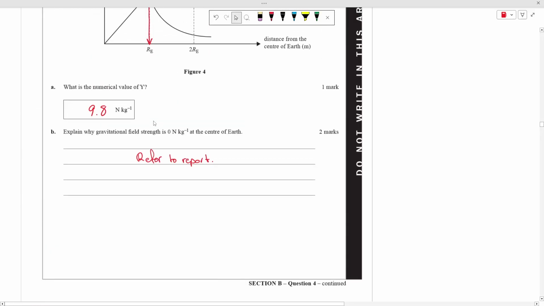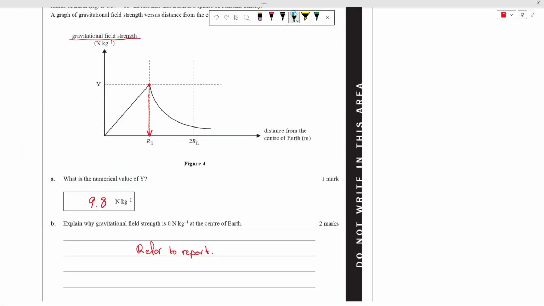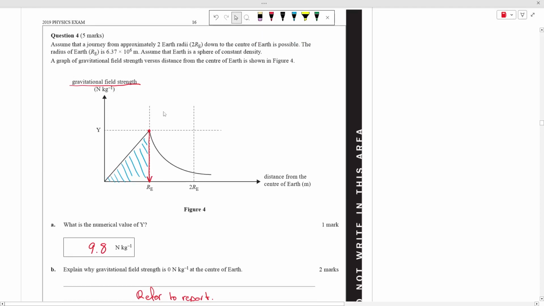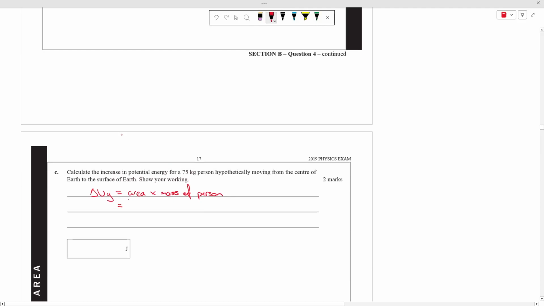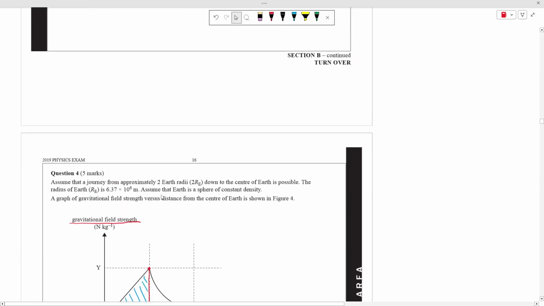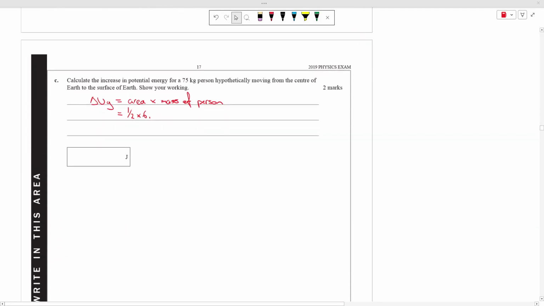Okay, so they're going from the center to the surface, so we want this area here of this triangular shape. And that's just half times base times height. So the height there is 9.8, the base is the radius of the Earth. Okay, so half times 6.37 times 10 to the 6 times 9.8, so that's the area of the triangle, and then the mass of the person is 75.